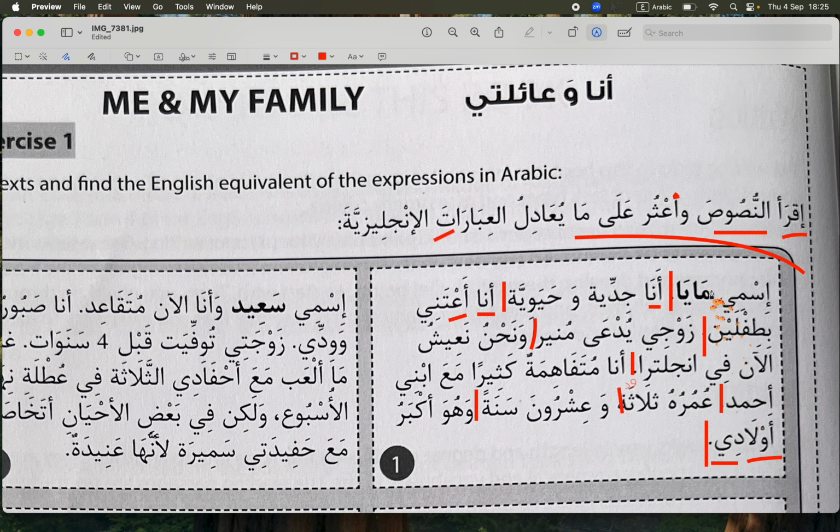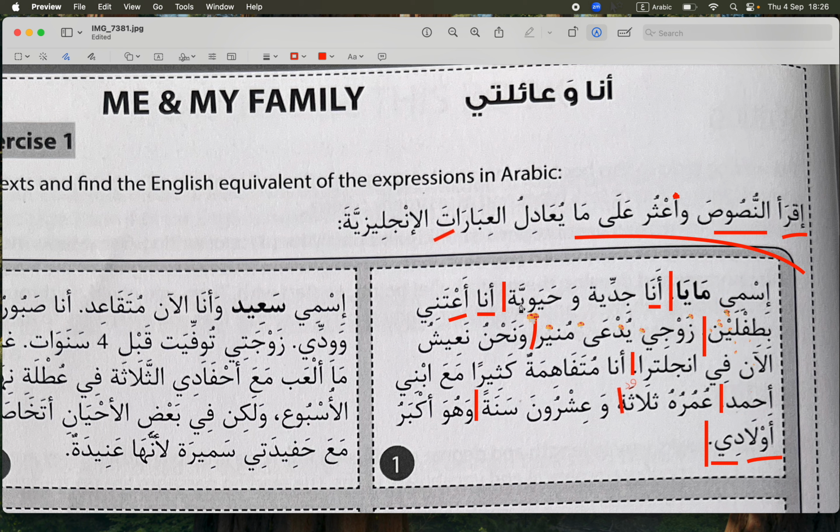هل مايا تعتني بثلاثة أطفال؟ أمايا تعتني بثلاثة أطفال أم بطفلين؟ What's the answer? أحسنتم.